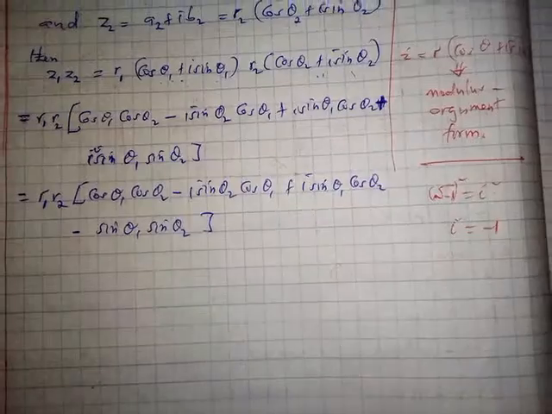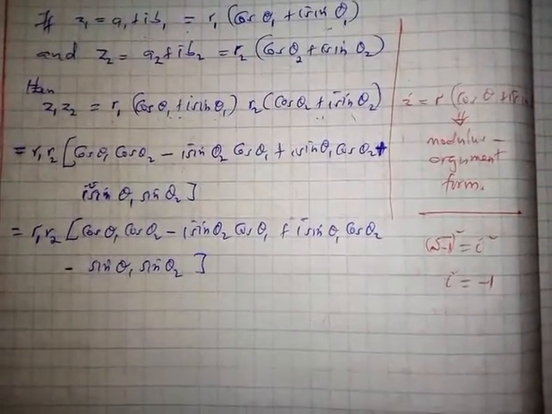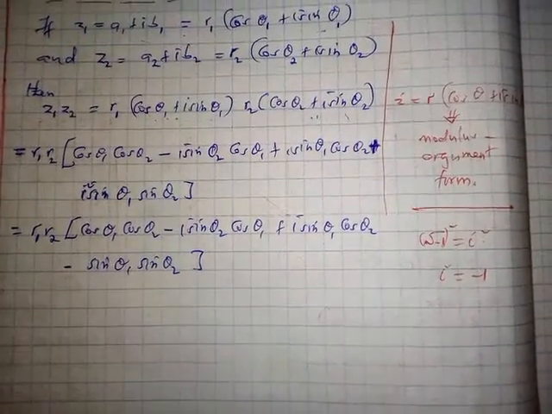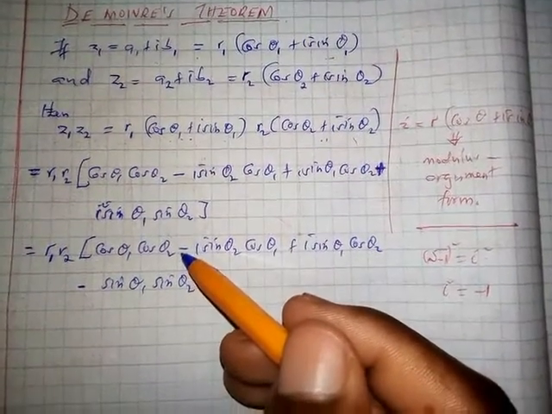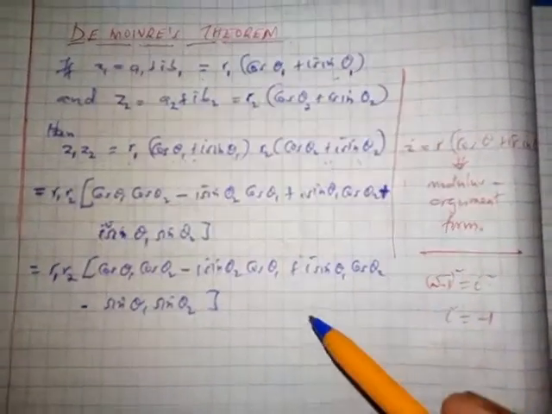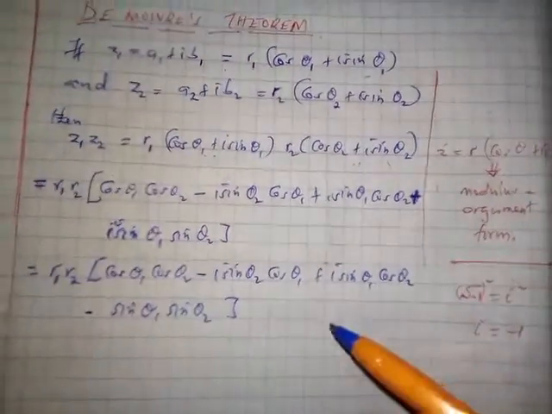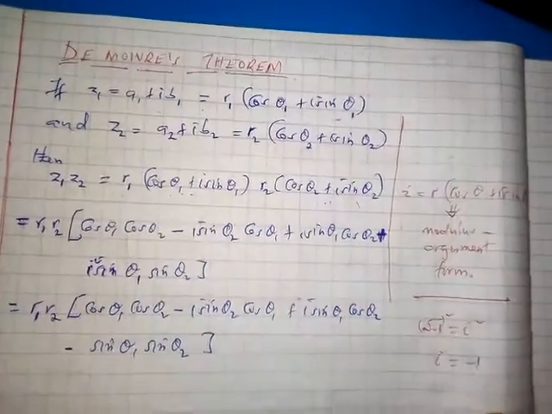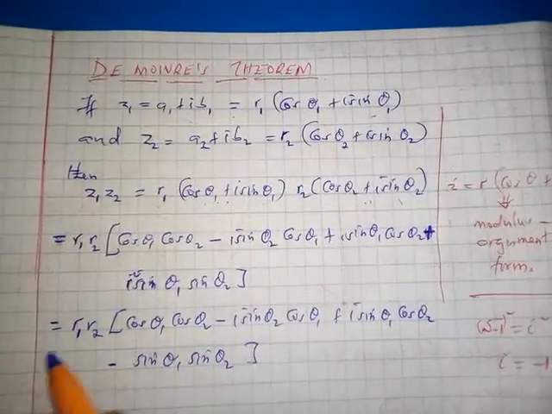After that, now we collect the like terms. The real parts we put together, and the imaginary parts together. The imaginary parts are those factors in this expression that have i, so we put them together, and those without i, we put them together.